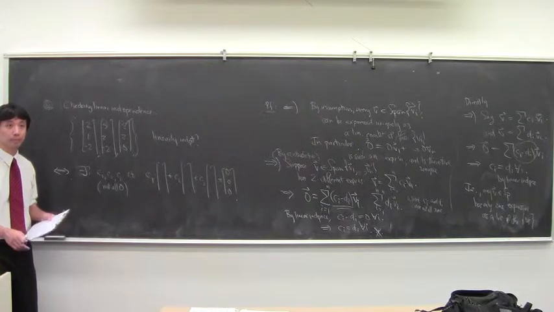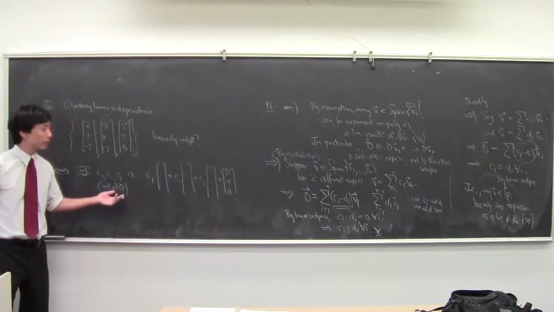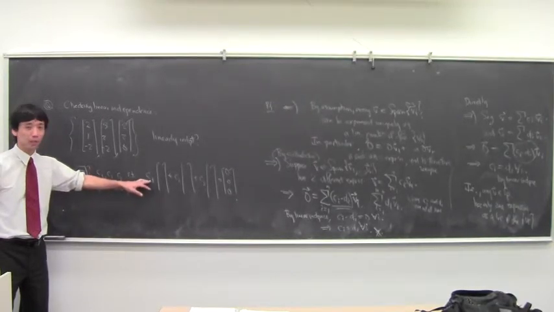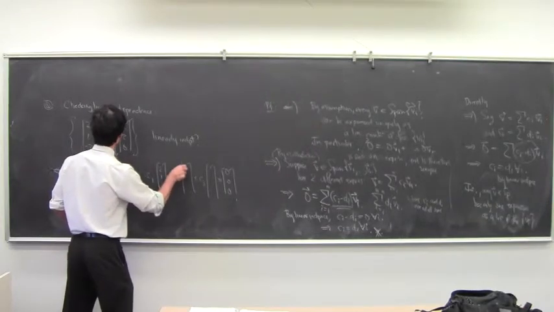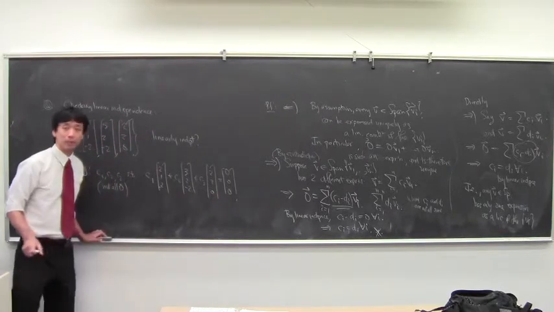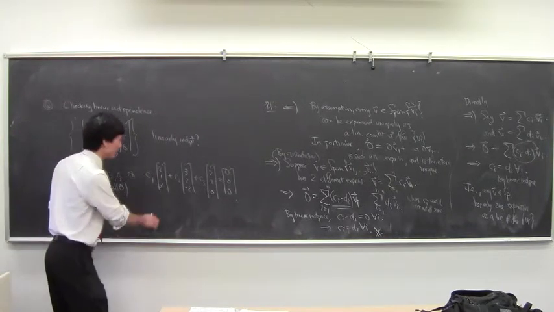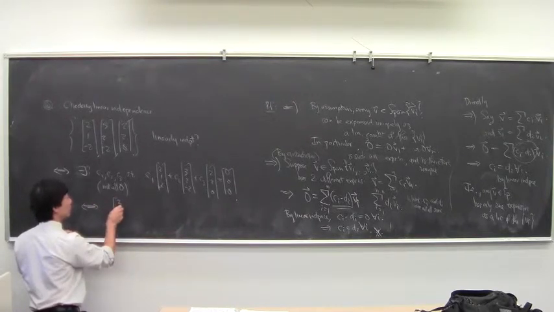Now you see what question we are asking. What do we have to do to answer this question? Can you find C1, C2, C3? How do you do it? Just solve the equation. You just do Gaussian elimination. This is equivalent to asking, can you solve this system?